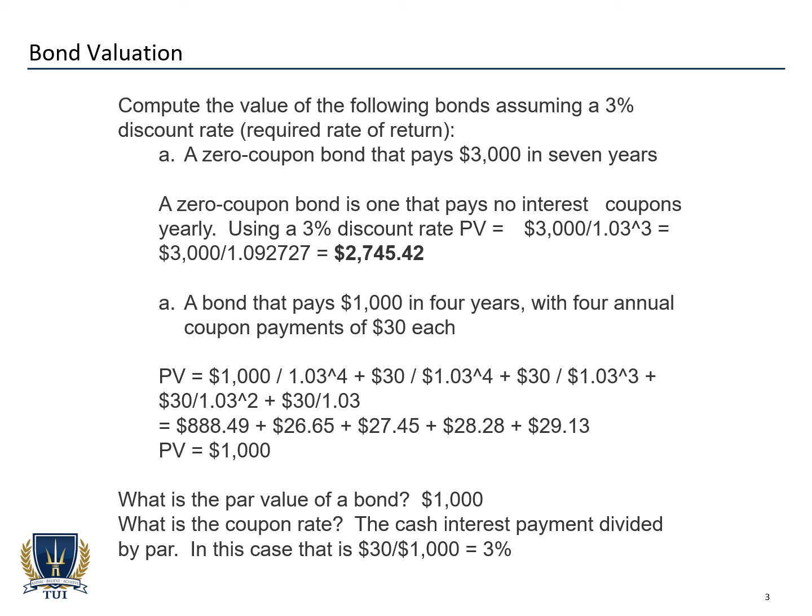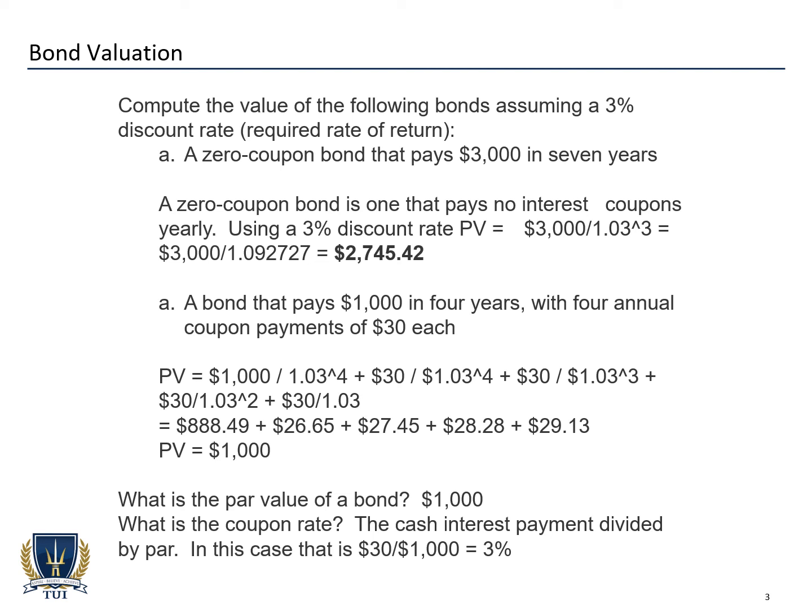What is the coupon rate? That's the rate of interest divided by the par value. So if the bond pays 2% interest per year, it pays you $20 per year of interest. That divided by par is the coupon rate. So it's the actual cash interest payment divided by the par value.